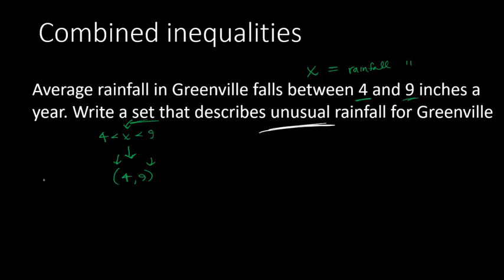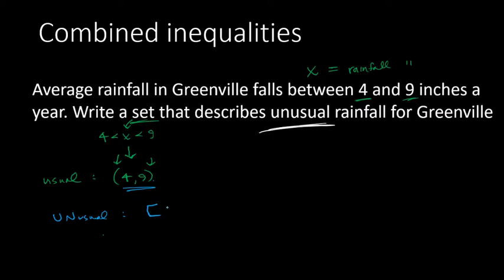So this is their usual rainfall. So it stands to reason that their unusual rainfall is any number that is not in that set. So what are the numbers not in that set? Again, since we're using a word problem, normally you would write sets starting at negative infinity. Rainfall can't be negative, right? The lowest rainfall could be in a year is 0.